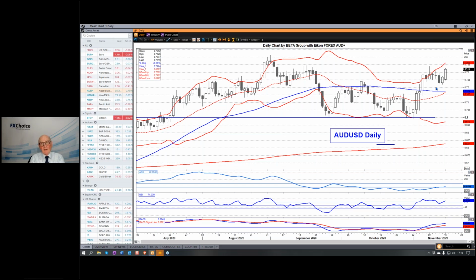And so the pullback is complete and we're on our way. It wouldn't be surprising to see some sort of consolidation at the previous high, which is only a little bit above us here. But honestly, I think the previous high is not going to present any significant resistance.